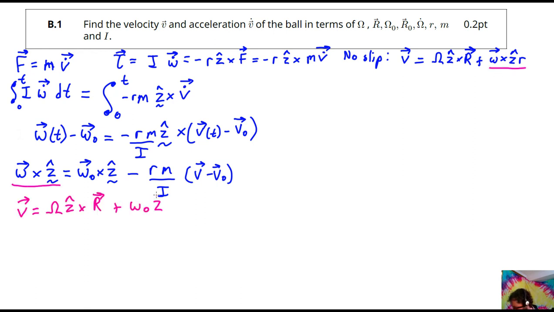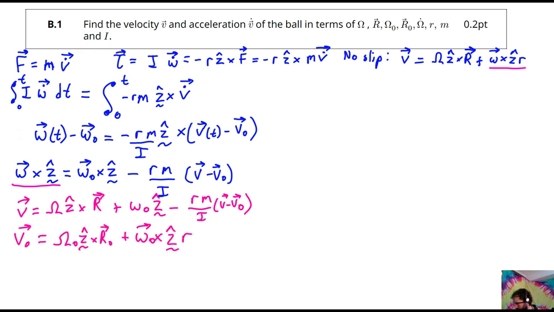So that means we're going to get this, and then we can do the same thing for the no-slip condition when v is equal to v naught, at time equals 0. That means capital omega is omega naught, capital R is capital R naught, and omega is omega naught. So that'll give us this.